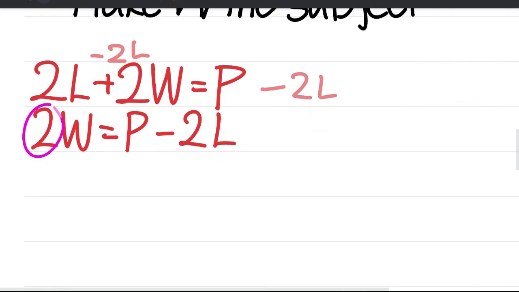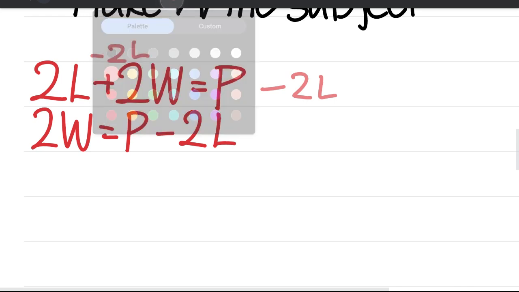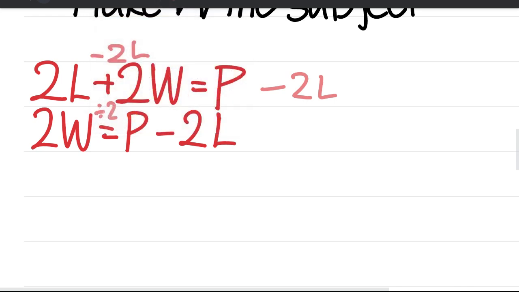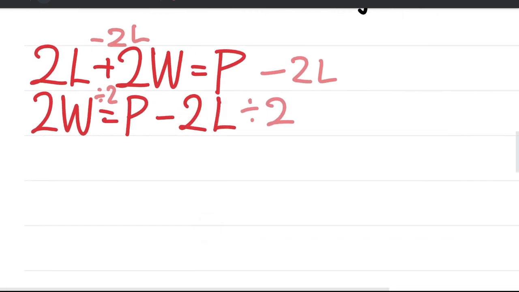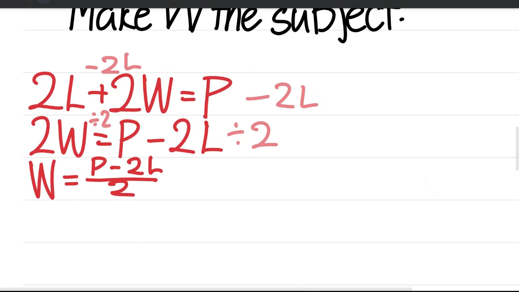Now we want this 2 to become a 1. So we must divide by 2. So if we divide by 2 here, we must divide by 2 here. So this would become W equals (P minus 2L) over 2. And there we go.